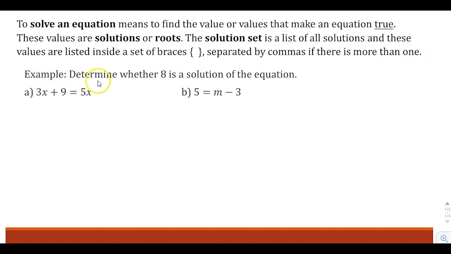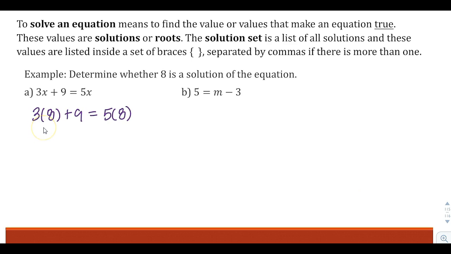In this example, we're going to determine whether 8 is a solution of the equation. So we want to check whether substituting 8 into each x yields a true statement. So we have 3 times 8 plus 9 equal to 5 times 8. So we're checking whether this is true.